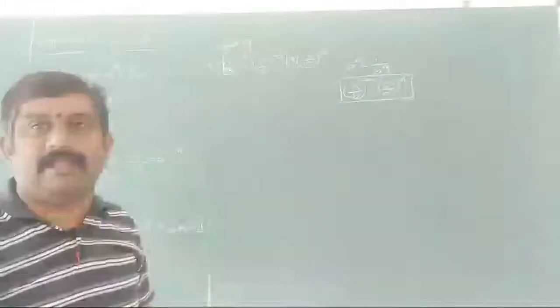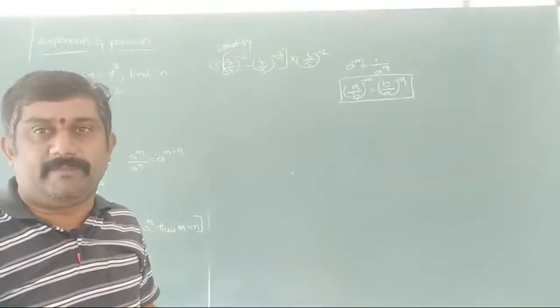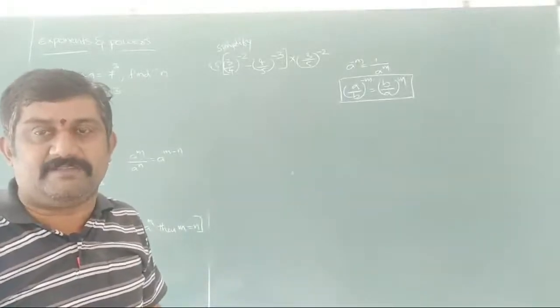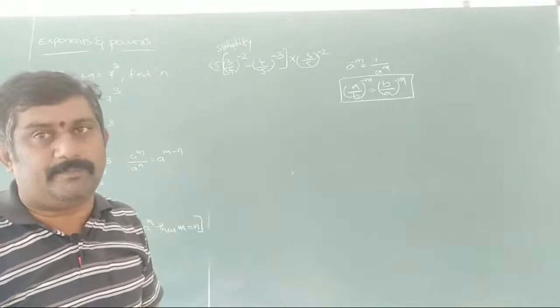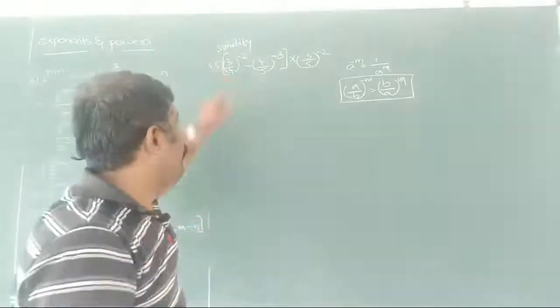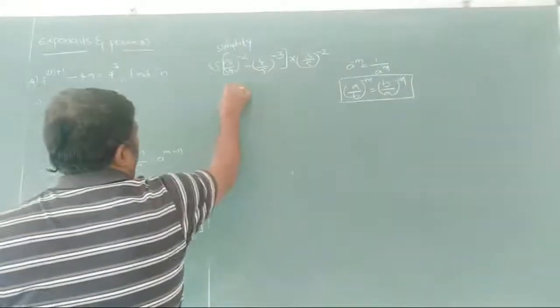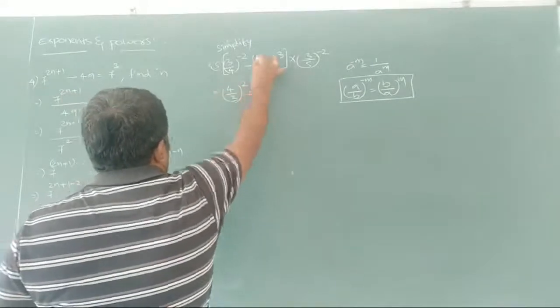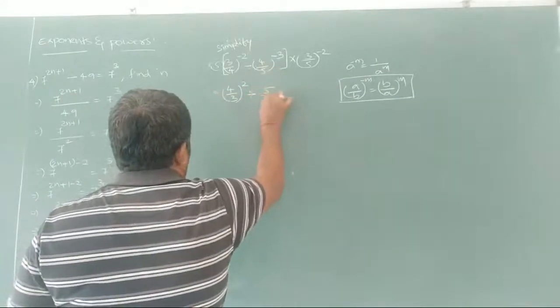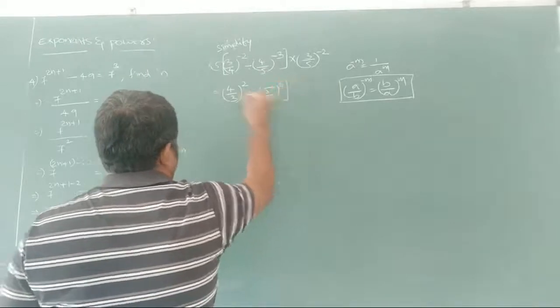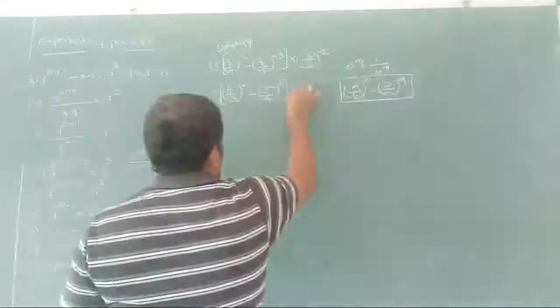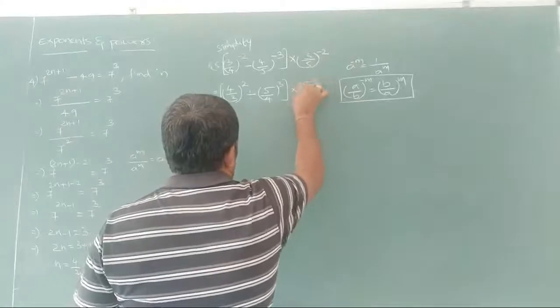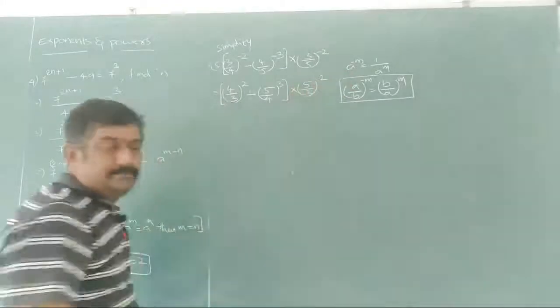Nothing but if we are eliminating the negative sign from the exponent, automatically the fraction becomes its reciprocal. So now 3 by 4 is becoming 4 by 3 whole to the power of 2, divided by 4 by 5 becomes 5 by 4 whole to the power of 3, into 5 by 3 whole to the power of minus 2.